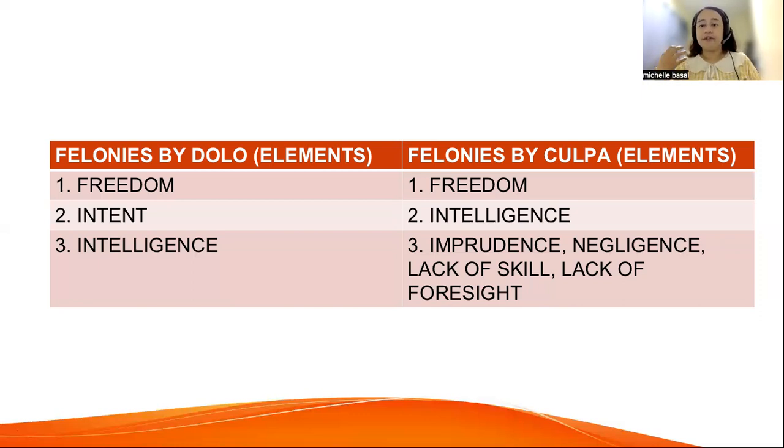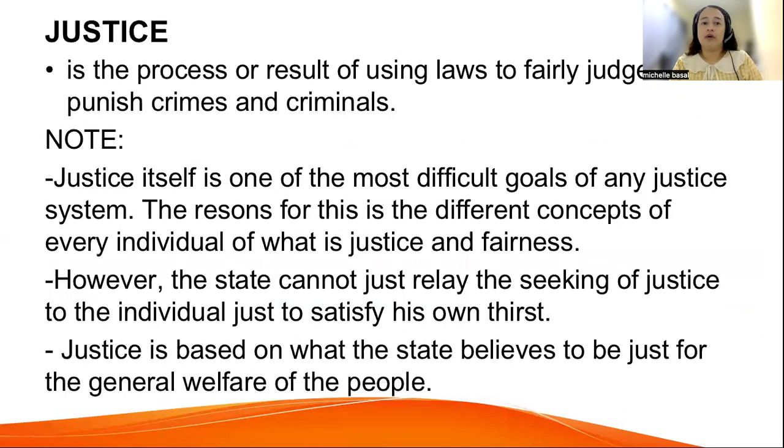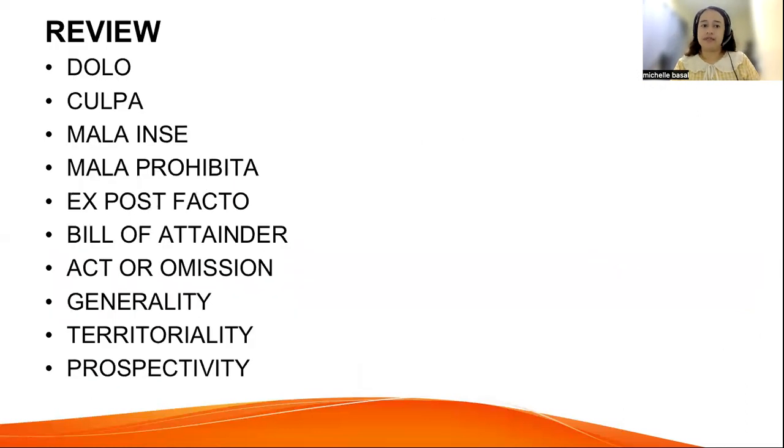If the person who committed an act is an imbecile, an insane person, or a minor, then intelligence is considered absent and such person cannot be held liable for a crime. It's the same with culpable felonies, but instead of intent, we talk about imprudence, negligence, lack of skill, lack of foresight. Okay? So again, these are the exempting circumstances.